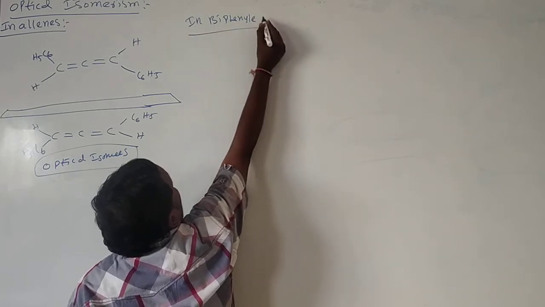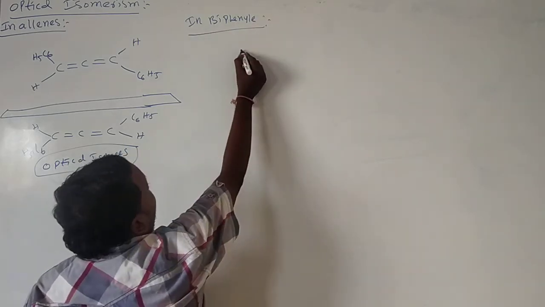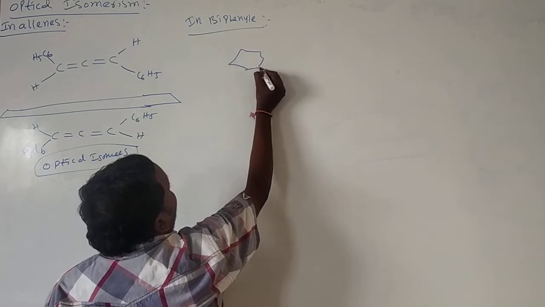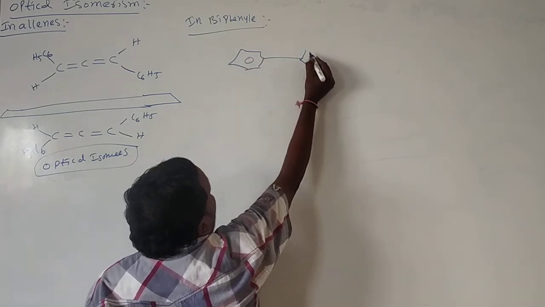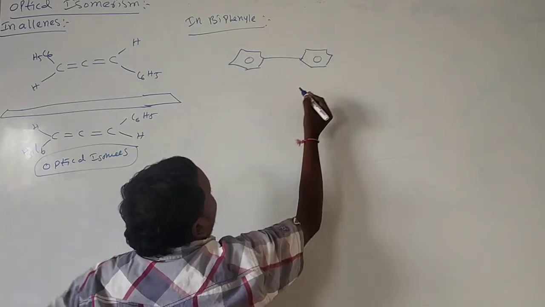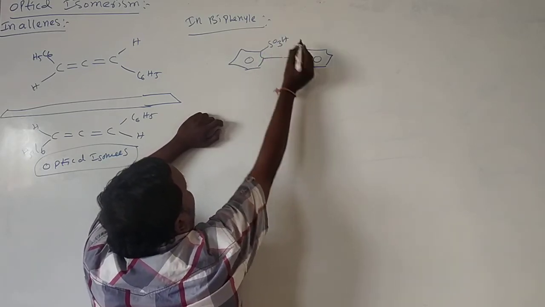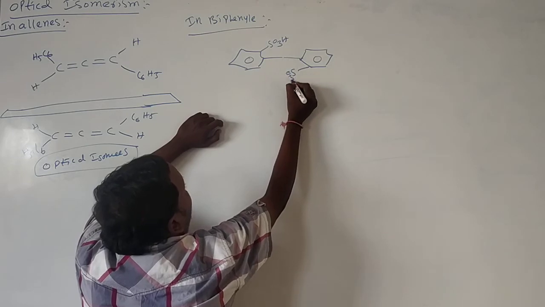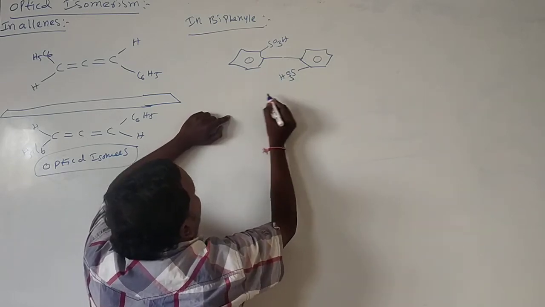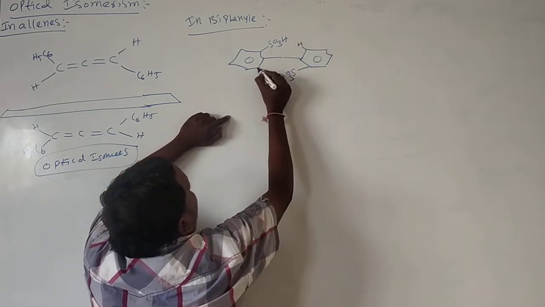Containing one example, biphenyl. Here I am taking one molecule. Biphenyl means this is the biphenyl. Okay, here SO3H, here SO3H group, and here hydrogen, here hydrogen.